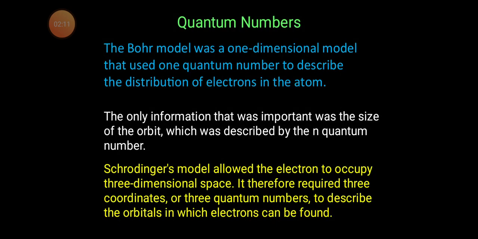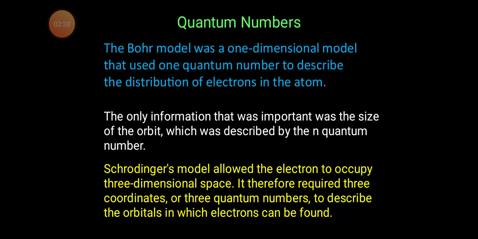Quantum numbers were first used and explained by Bohr. According to his one-dimensional model, only one quantum number, one coordinate, is required to describe the distribution of electrons in an atom.